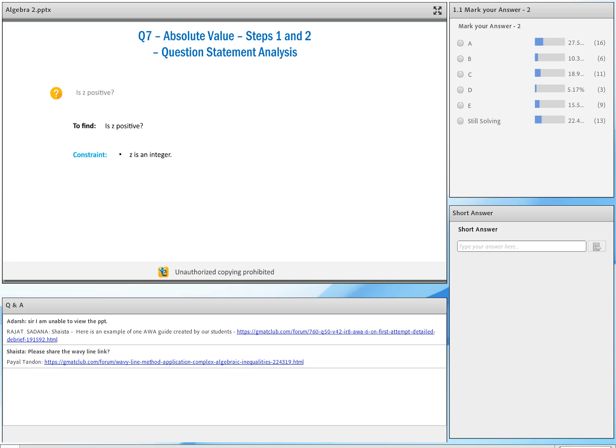What's given to us is that z is an integer, and we also know that mod of z is less than 6, which means, what are the possible values of z? If mod of z is less than 6, and if z is an integer, then what values are possible for z?